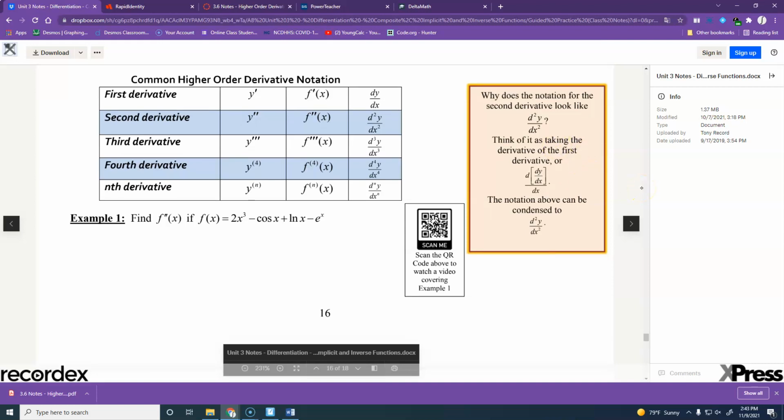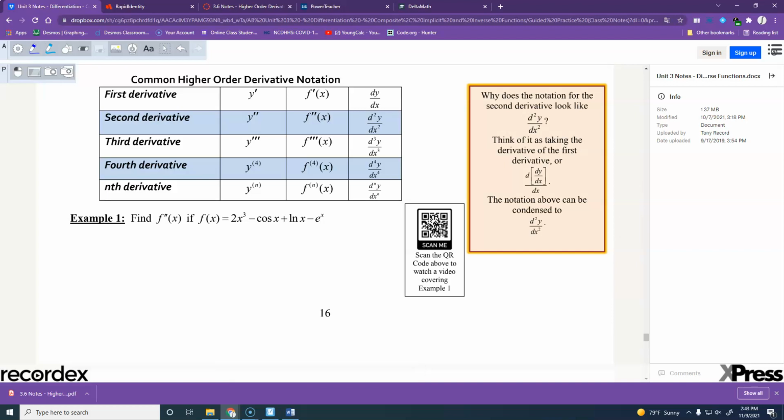I write it like this usually. We use this notation often that means to take a derivative. So if we take the derivative of dy over dx, there's 2 d's here, so that's d squared y.